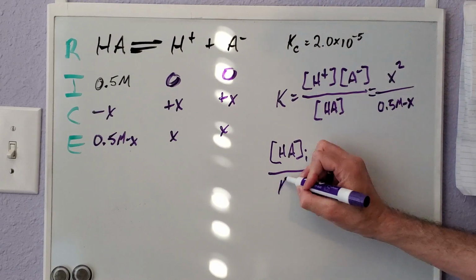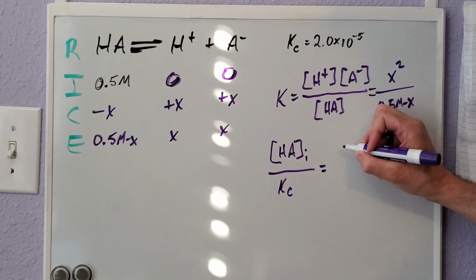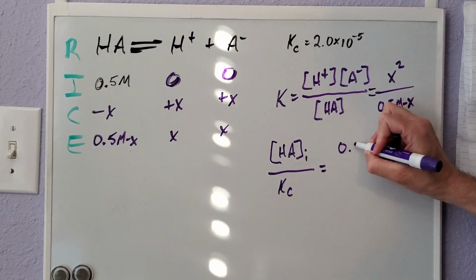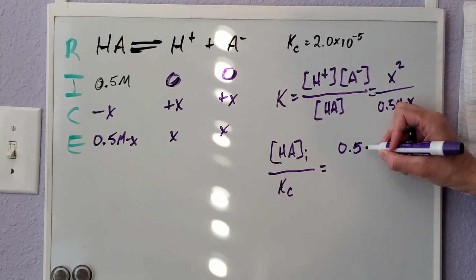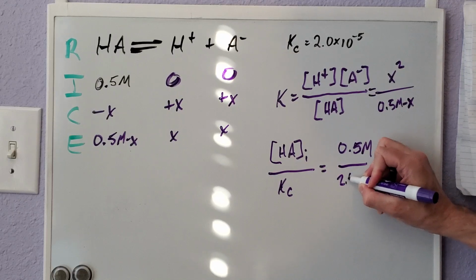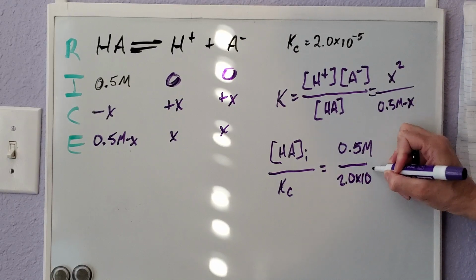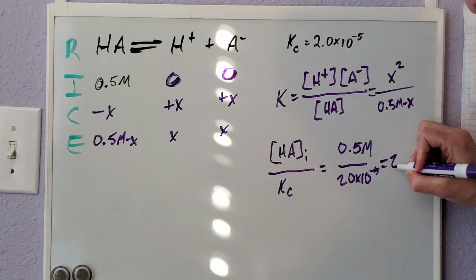In this case, Kc is 2.0 times 10 to the negative 5. So if we write this out, we have 0.5 molarity over 2.0 times 10 to the negative 5. And for this one, I end up getting a crazy number of about 25,000.